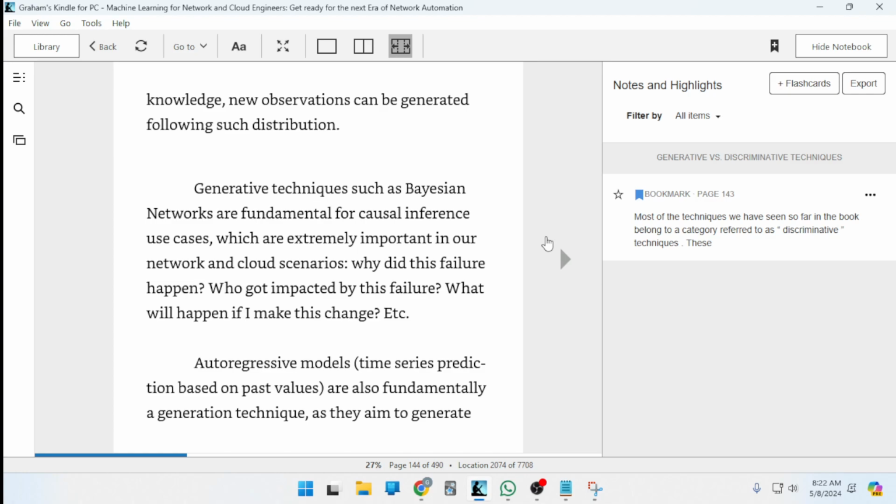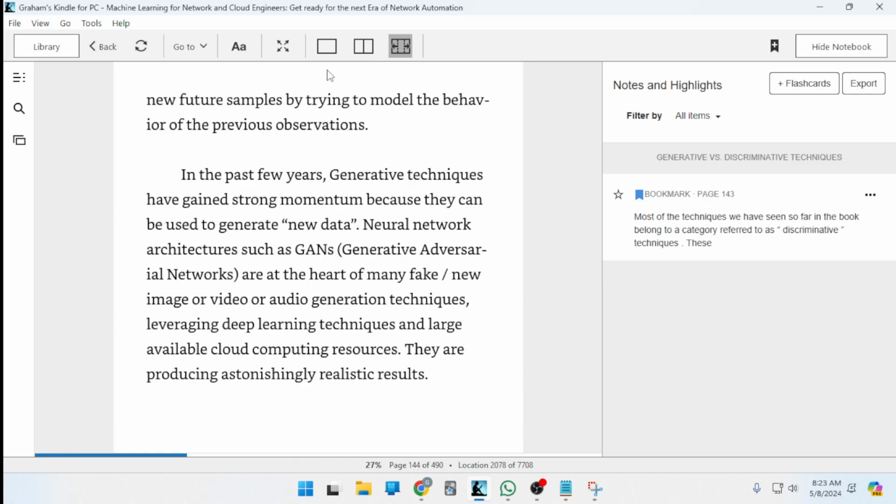Autoregressive models, time series prediction based on past values, are also fundamentally a generation technique, as they aim to generate new future samples by trying to model the behavior of the previous observations. In the past few years, generative techniques have gained strong momentum because they can be used to generate new data.